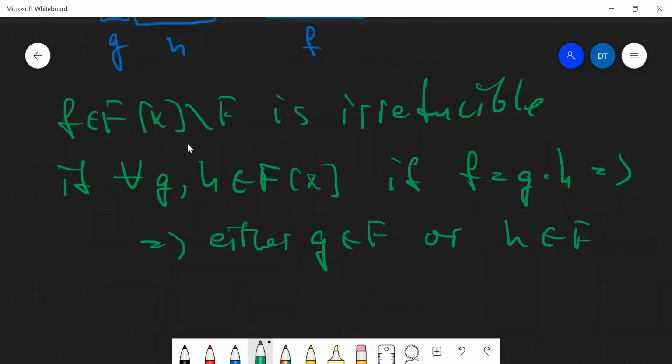And just in case, if you didn't notice, in both cases for reducible and irreducible polynomials, I consider polynomials of degree strictly greater than 0. I consider non-constant polynomials. So it doesn't make sense to discuss reducibility and irreducibility for constant polynomials. So in this context, all polynomials are non-constant. So they have positive degree.